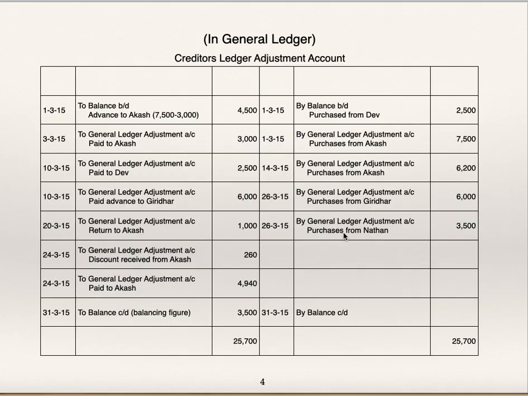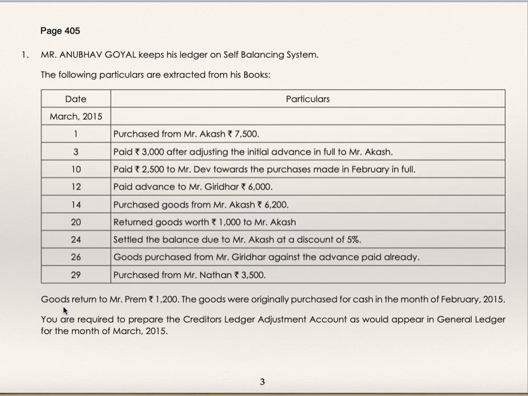By general ledger adjustment account, purchases from Nathan 3,500. Goods returned to Prem 1,200. The goods were originally purchased for cash in the month of Feb 2015. As this was a cash purchase which was returned, it is not to be recorded in creditors ledger adjustment account.